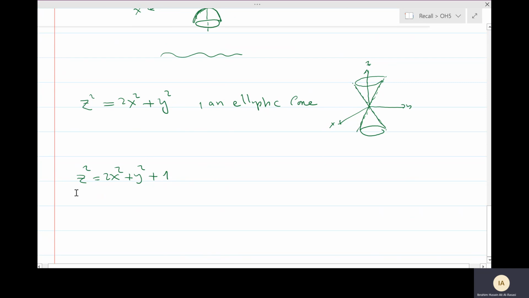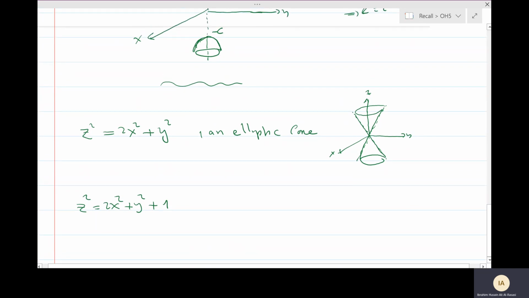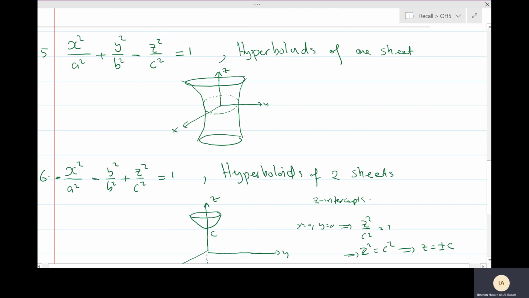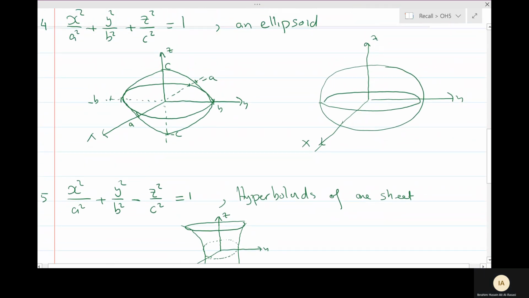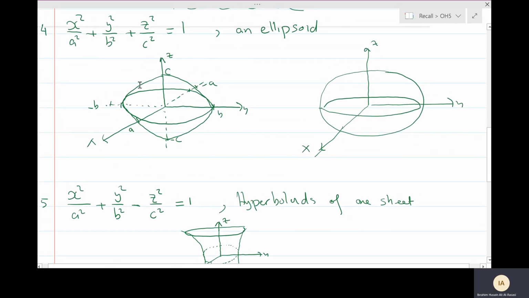So what do you do here? Again, compare with the previous graphs. They are all squares: x squared, y squared, z squared, and you have a 1, so it is one of the last three.